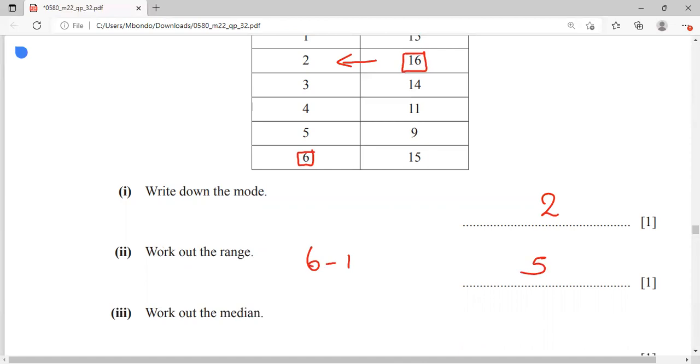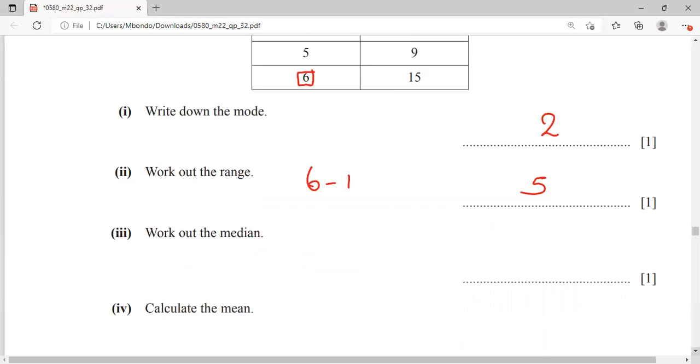Work out the median. What is the median? Okay, so we say the position. That is the formula that we use here. The position of the median is equal to 1 over 2 times n plus 1, isn't it?